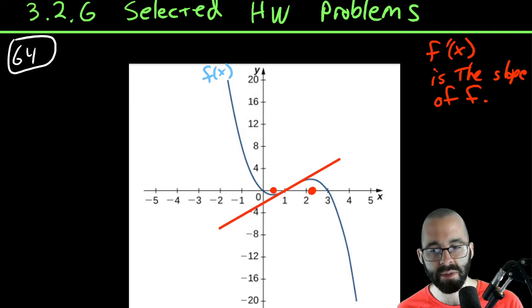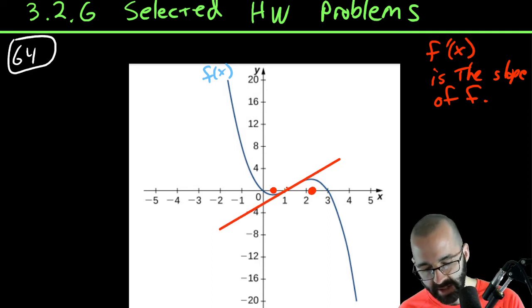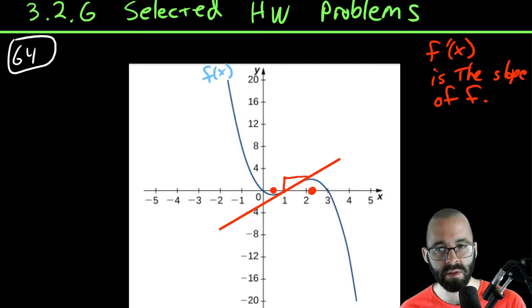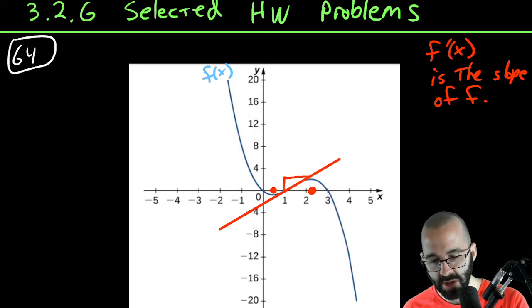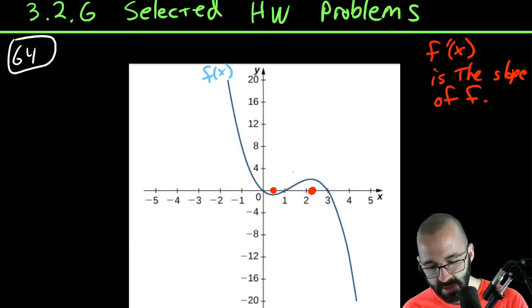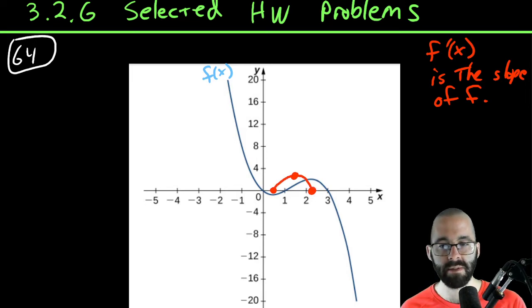It kind of goes up 4 and right 1. Not quite 4, but close, maybe like 3. What's the slope right here? Yeah, close to up 3 and right 1. The slope is about 3 right here. In the middle of these 2 points, the biggest it ever gets is about 3. And it kind of connects like this.